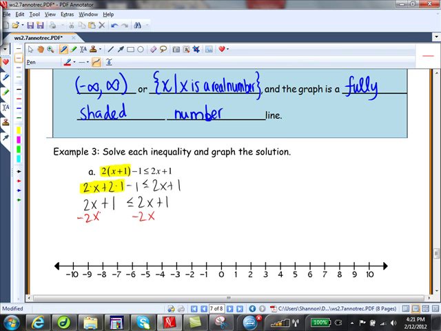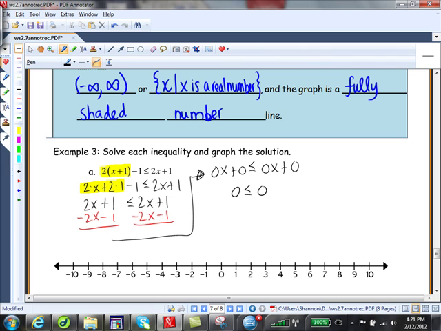Subtracting 2x, subtracting 1, we get 0x plus 0 is less than or equal to 0x plus 0. 0 is less than or equal to 0.